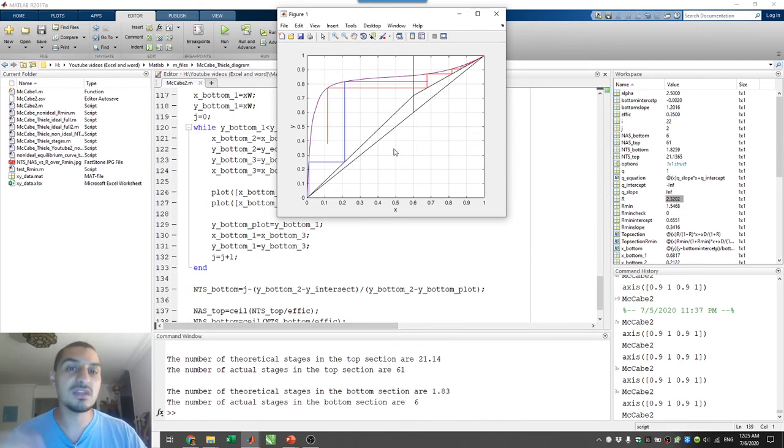So it didn't even reach 2. It's 1.83 stages, and this is because the equilibrium curve here is way further from the bottom section line than it is from the top section.